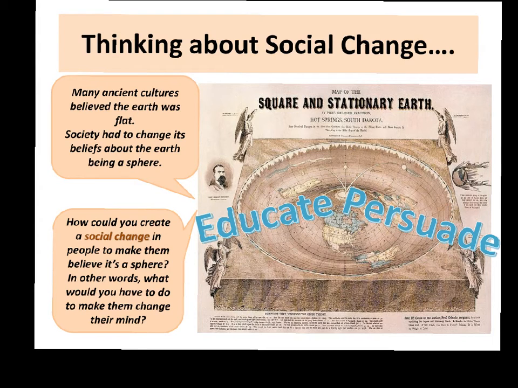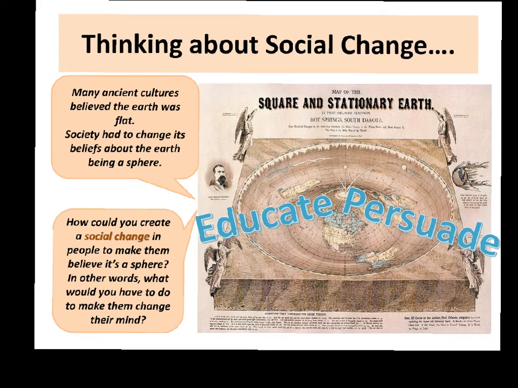Now you can see here that the two main tools that are used in a social change movement are education, so to provide people with knowledge on a minority opinion, and also then ultimately to try and persuade them that that new belief system is the correct way of thinking. So we've got to educate them as to what the alternative way of thinking is, and then gradually try to persuade them that that is an acceptable way to think, that is an acceptable belief system to hold.